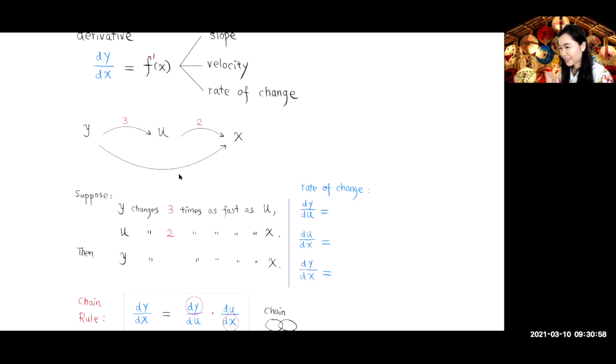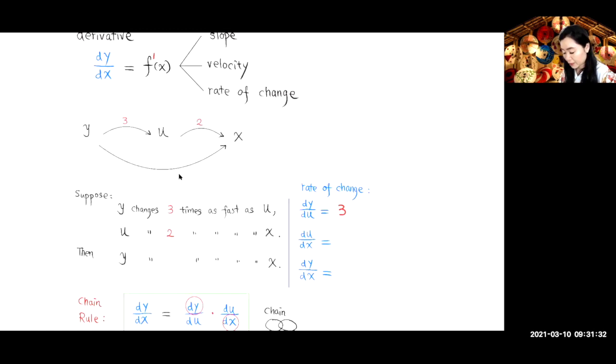Okay, let me go back a little bit. Over here, y changes 3 times as fast as u. So the rate of change of y with respect to u, which is dy/du, will be 3. And u changes 2 times as fast as x, so the rate of change of u with respect to x, which is du/dx, is going to be 2.